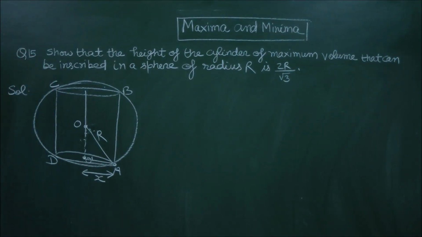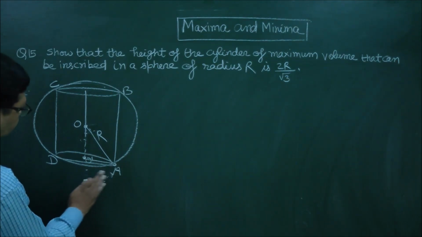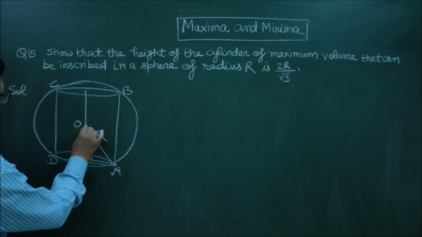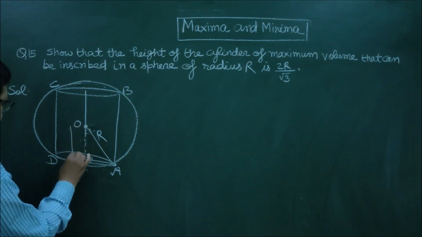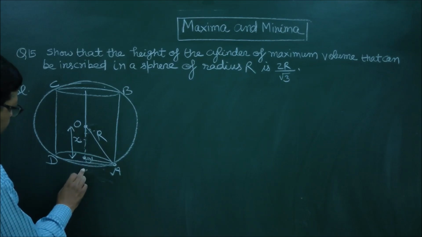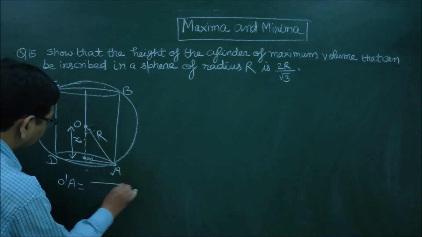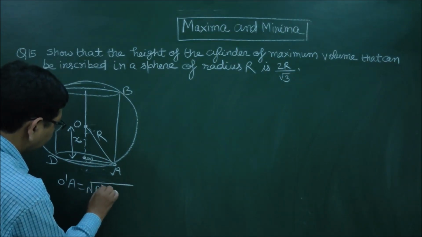In right triangle O dash A, let us take this height O dash O equal to x, so that the radius O dash A is equal to under root of r square minus x square.